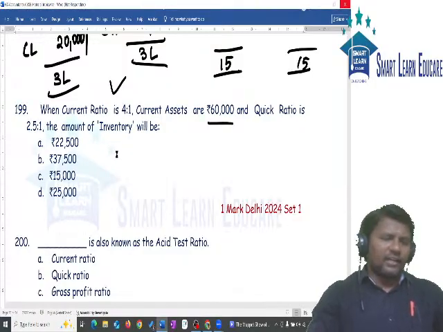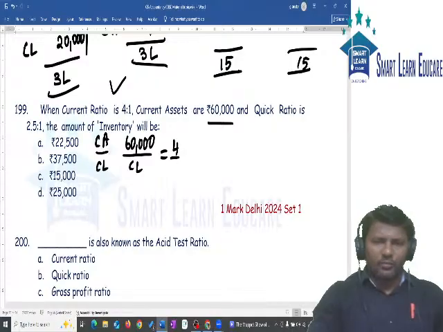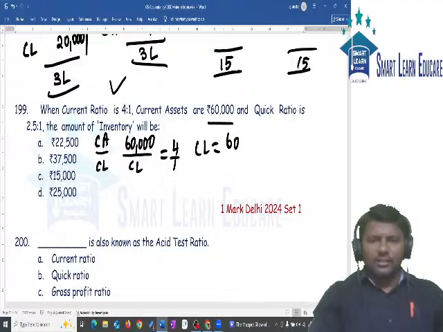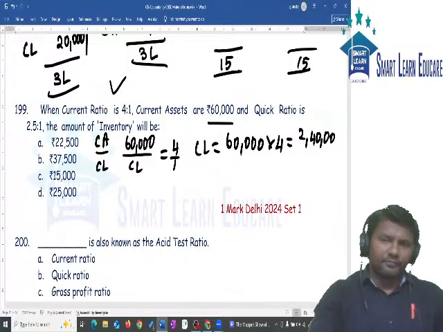So first, current ratio. What is current ratio? Current ratio is equal to current asset divided by current liability. Current asset is 60 divided by current liability will give you 4 by 1. So current liability is equal to 60,000 into 4, which will give you 2,40,000.